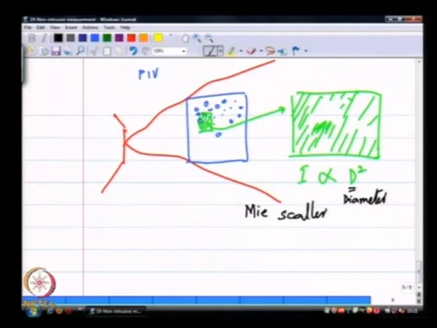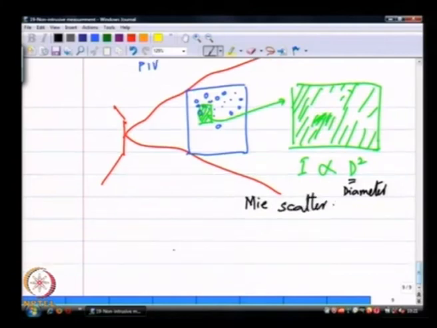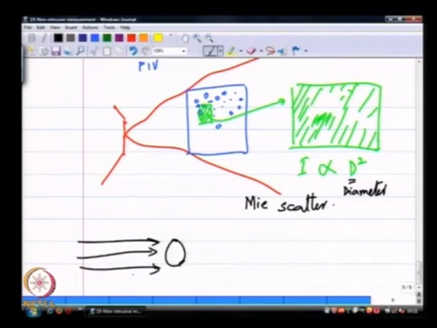Just to understand Mie scatter, if I take a spherical drop and subject it to a bunch of light rays, I have the possibility of a reflection at this surface, or a refraction at the surface followed by refraction again at the second interface.